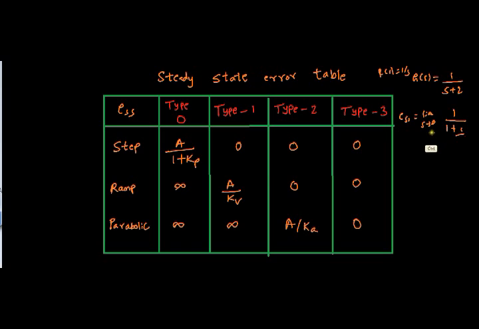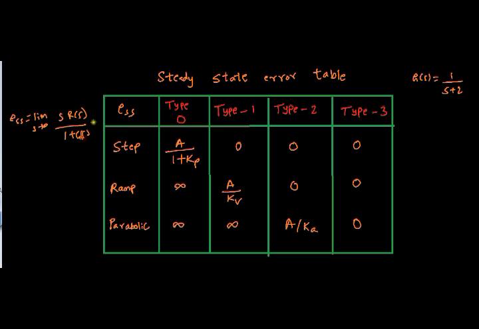Okay, so for type 0 we got some value. Let's take type 1. Type 1 means my G(s) will be 1 upon s into s plus 2. There is one pole at the origin, so you can calculate the steady state error. e_ss is the limit of s tends to 0 of sR(s) upon 1 plus G(s).